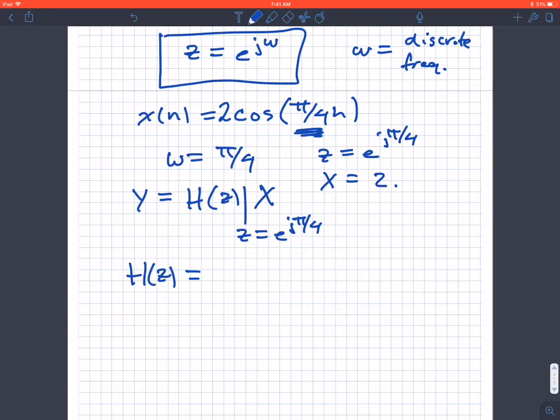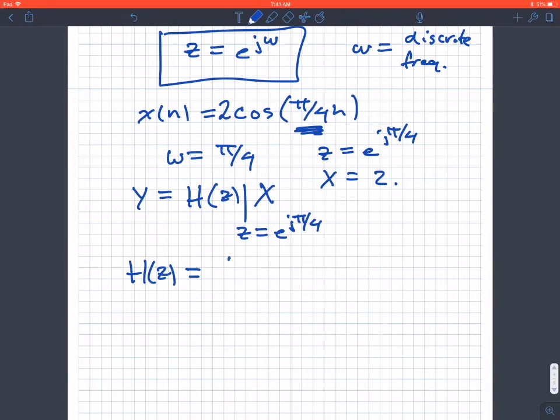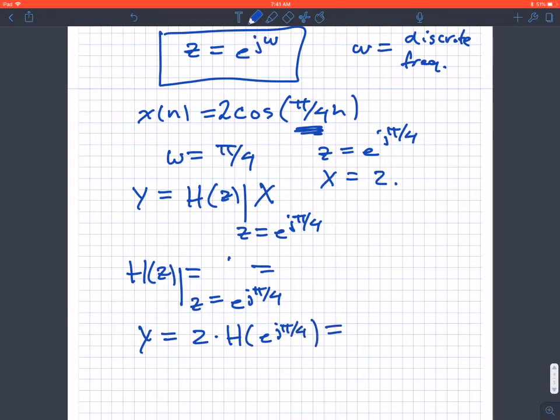One of the things you could do is program the transfer function into your calculator and then just evaluate this at e to the j pi over 4. When I do that, I went ahead and multiplied by 2, because cap x is equal to 2. I get a complex number, so coming out of here I get 2.3487 plus j 0.1942.